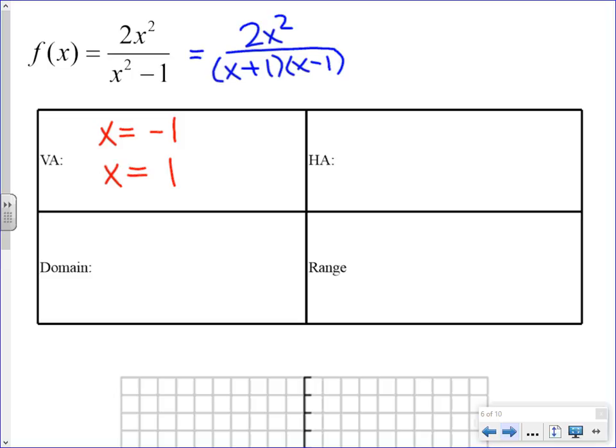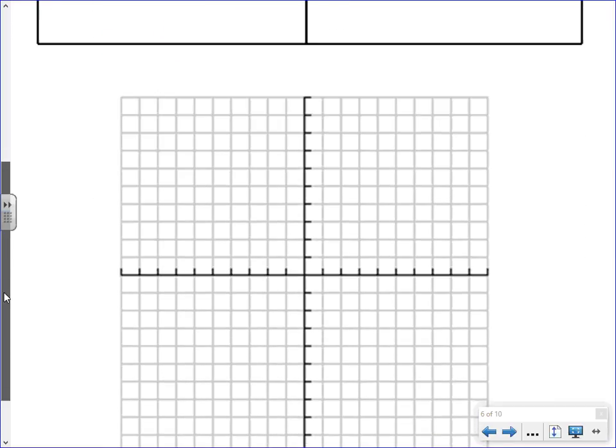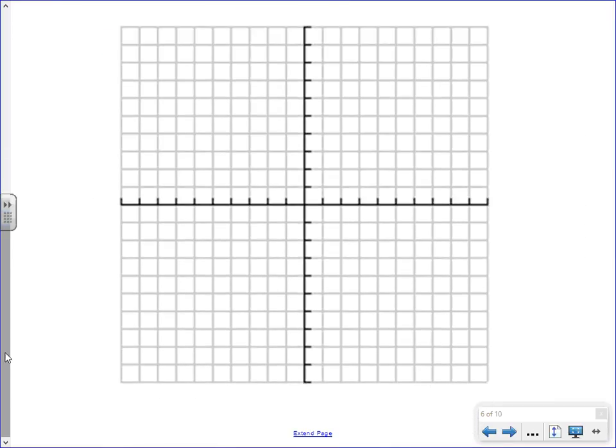Please write them as so. Okay? So I'm going to come down here and I'm going to draw in my vertical asymptotes. Okay, I'm going to count by 1/2, just so it's not so squished.